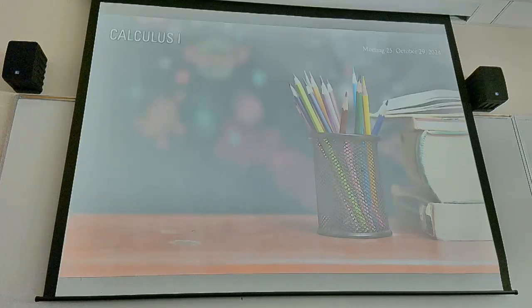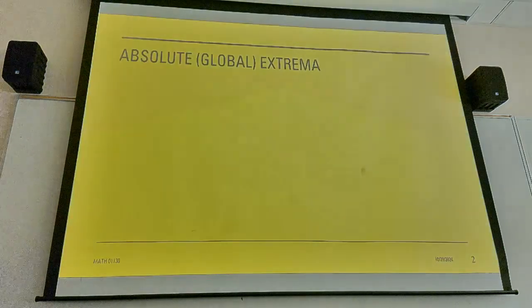And extrema, both absolute and local extrema. However, we could only determine those from a graph before. Well, using calculus, we can find it without a graph. That's what we're going to look at.